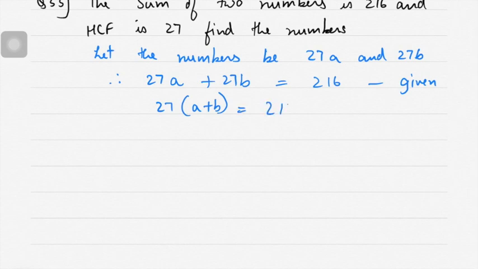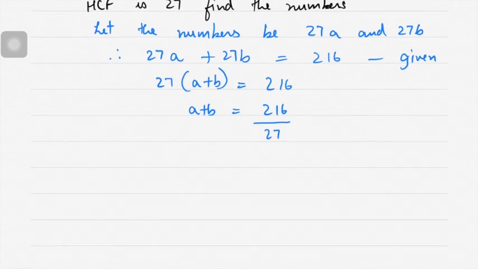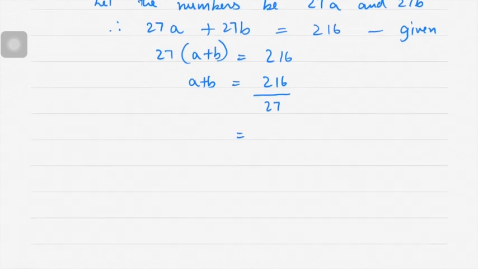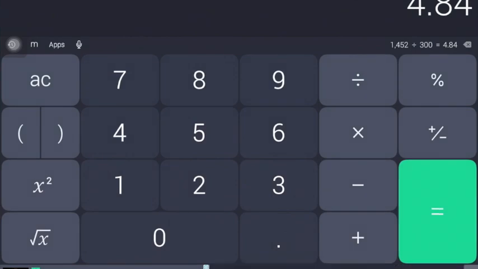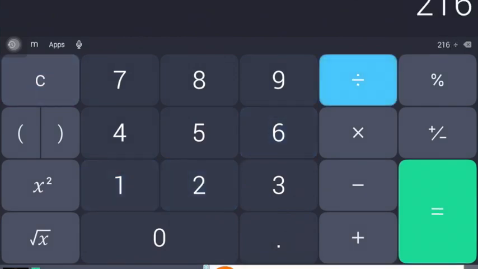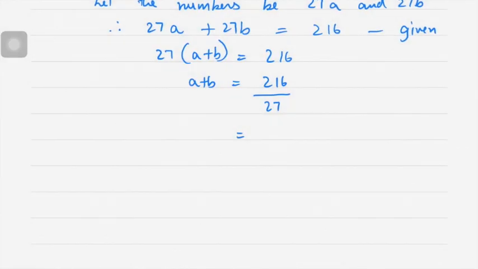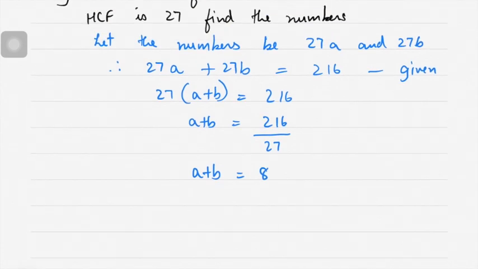27 is common. So A plus B is equal to 216 divided by 27. It comes to 8. So A plus B will be 8. Okay. 27 is the highest common factor.